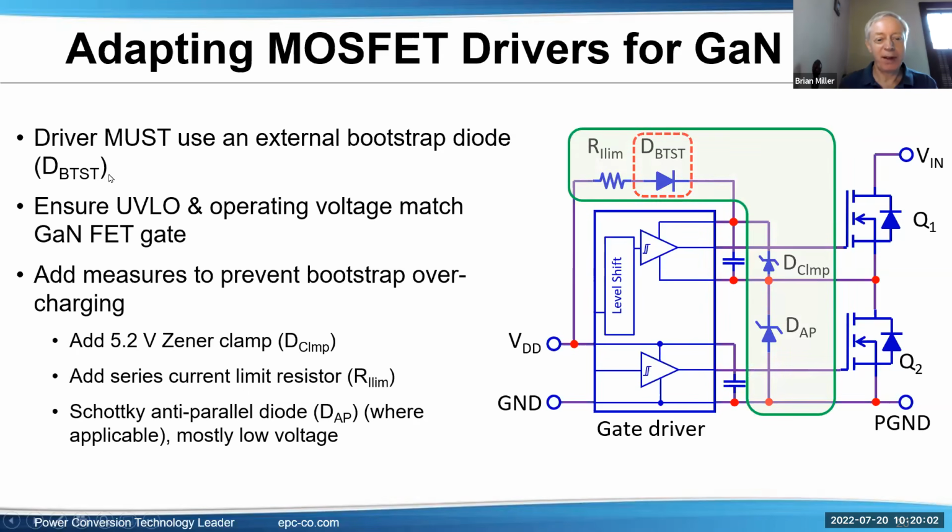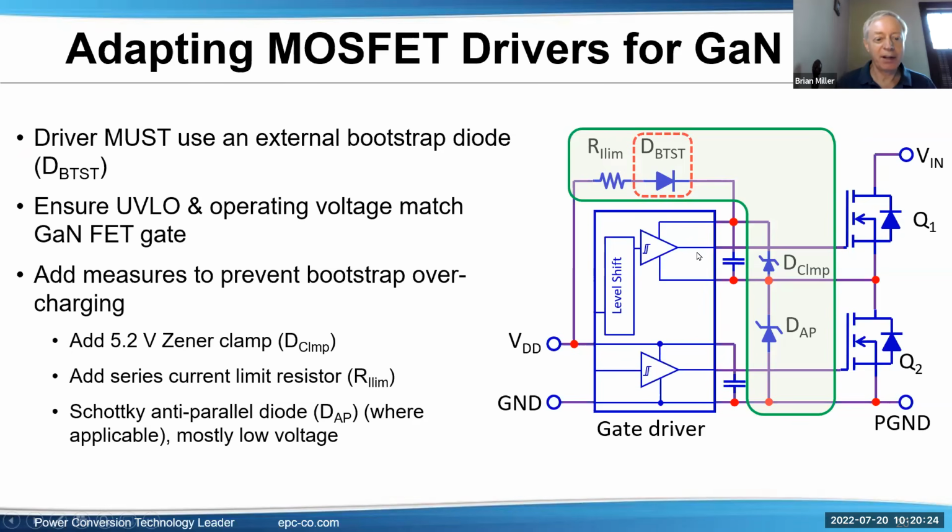Next, add measures to prevent bootstrap overcharging. There are 3 here. A 5.2 volt Zener clamp, and this is a small signal one. There's not high current here. That's over here, across not the FET itself, but across the supply voltage for the upper gate driver.